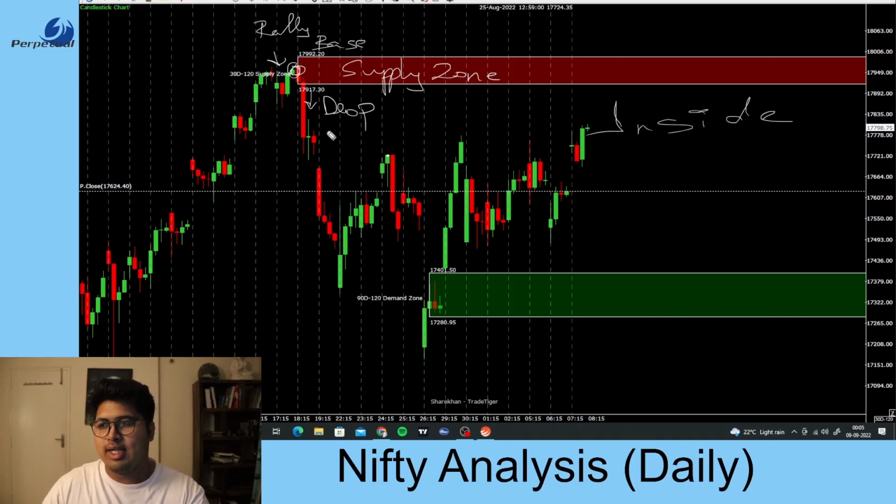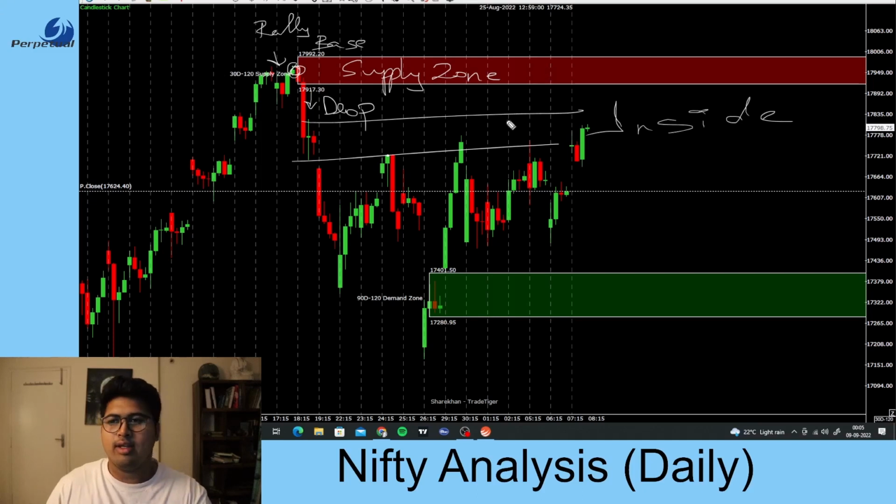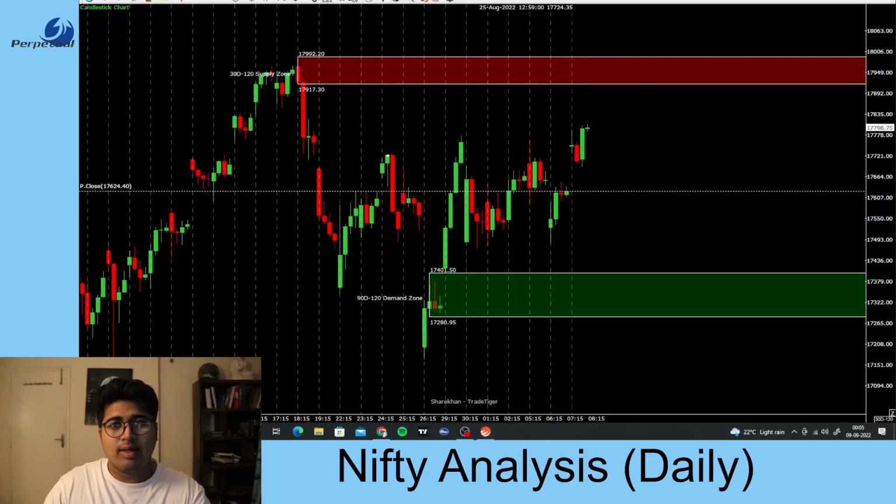Second point is that this was the only zone that was on the way, it was blocking this particular one. And now that the market is moving in such a way that it's going to break this zone and it's planning to go into this zone, right? So when that is happening, this zone is going to hold a lot of weightage.